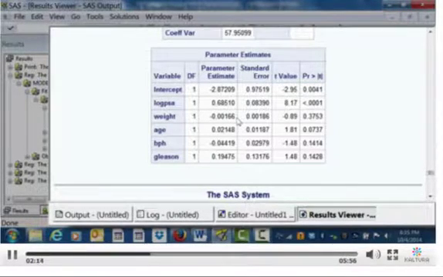So looking at these, remember that when we interpret these variables, if I were to write down this equation, it would be negative 2.82 plus 0.685 log PSA minus 0.002 weight plus 0.021 age minus 0.044 BPH plus 0.194 Gleason.